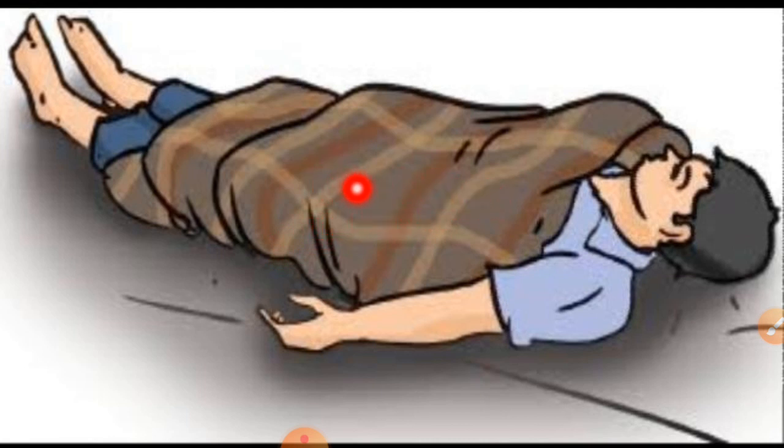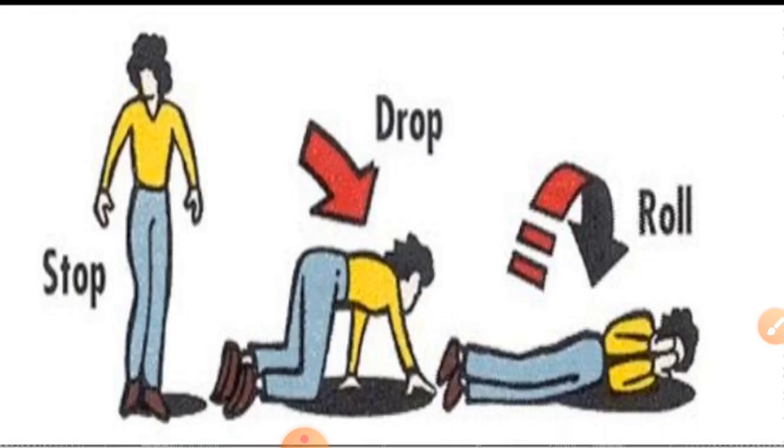The blanket acts like a cover, and it stops and cuts the supply of air. Suppose you do not have a blanket, then what do you suggest to the person? You suggest they stop and drop on the floor, cover their face with hands and roll on the floor. Okay, and it helps to control the fire.